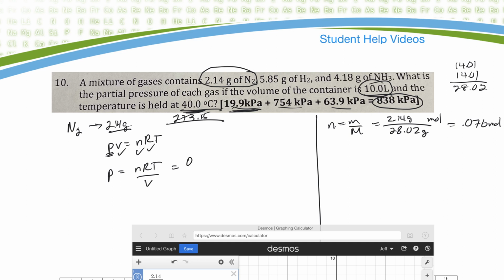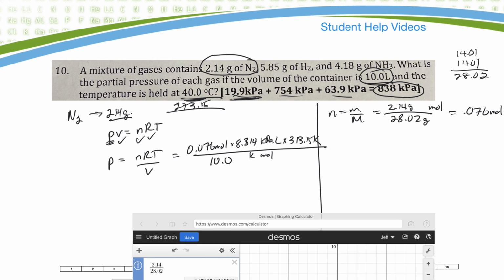Moles, 0.076 moles, R is 8.314 kilopascal liters per Kelvin mole. Temperature was 313.15 Kelvin, and the volume is 10 liters.